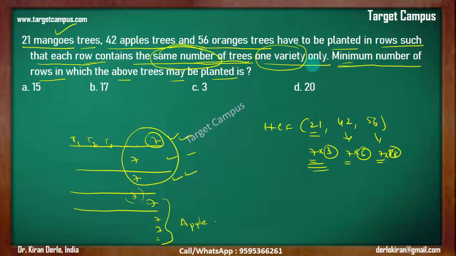So the minimum number of rows would be: 3 rows for mangoes, 6 rows for apples, and 8 rows for oranges. So the minimum number of rows would be 17.